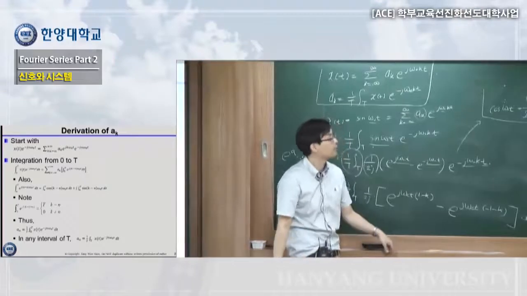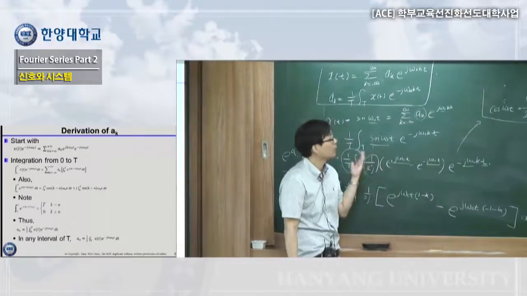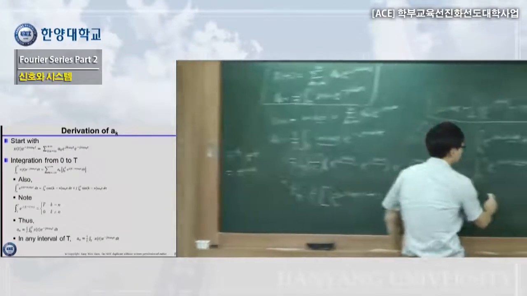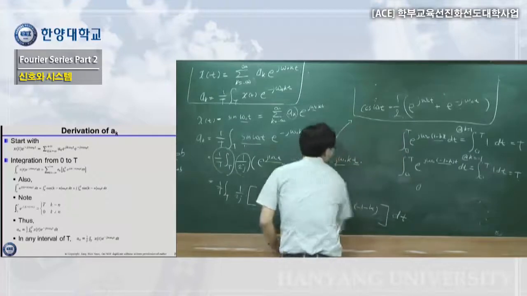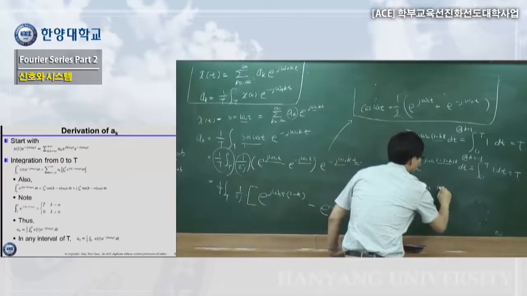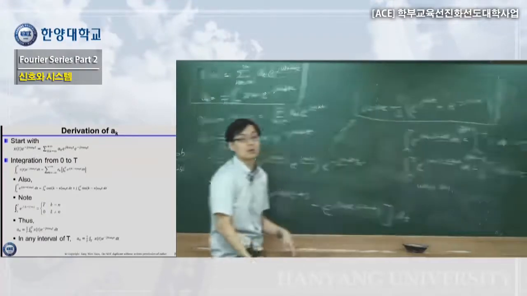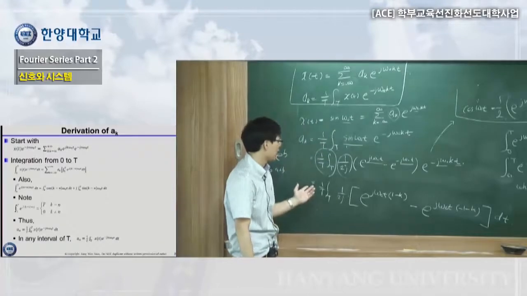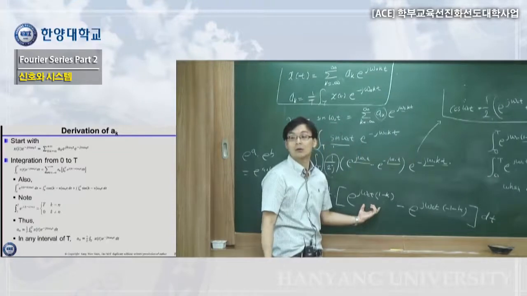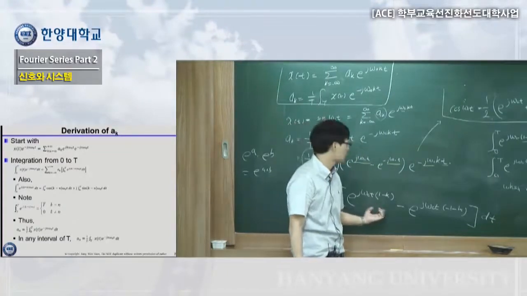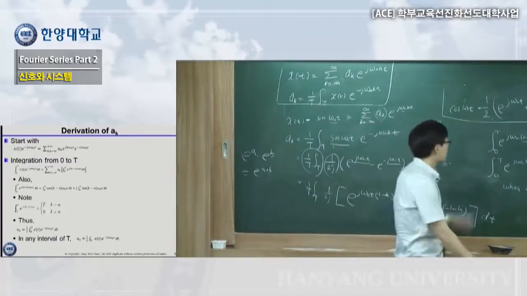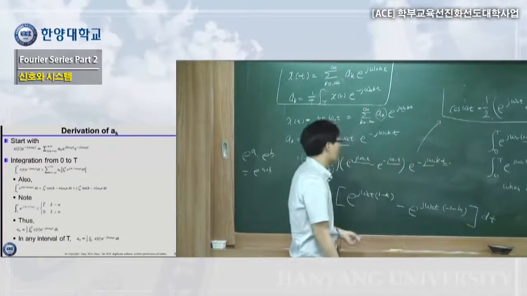So what if we think about the characteristics? First of all, when k equals 1, what do we have? This first part is not 0. However, the second part will be 0, right? So when k equals 1, what do you have?